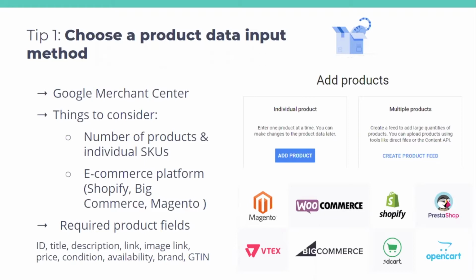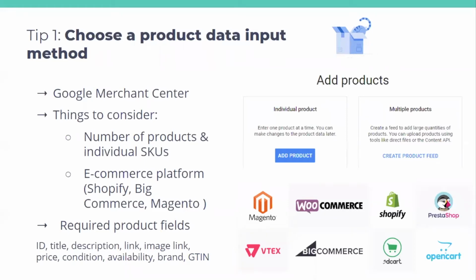A few required product fields to keep in mind: Google wants to know your product ID, which may be your SKU or your MPN, or manufacturing parts number. They'll need a title of your product, a description. Those are two places that you can really optimize to help Google Shopping, which we'll get into more.